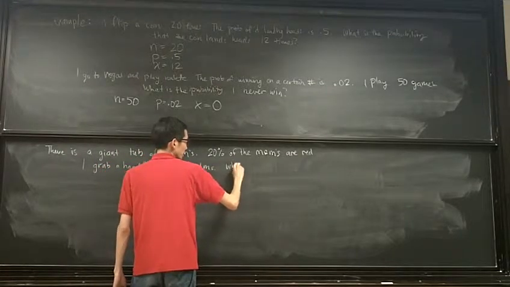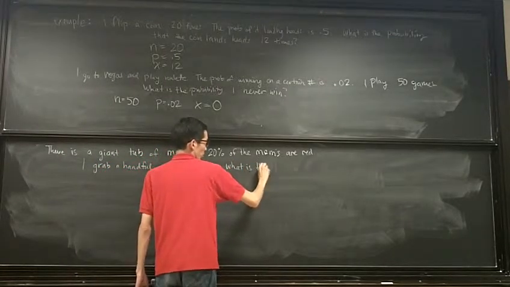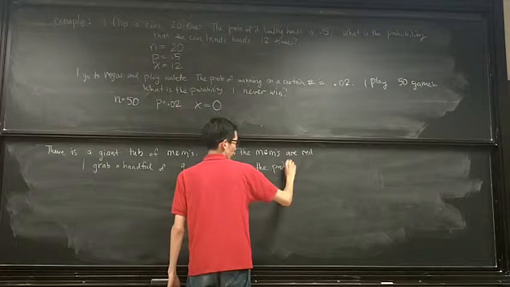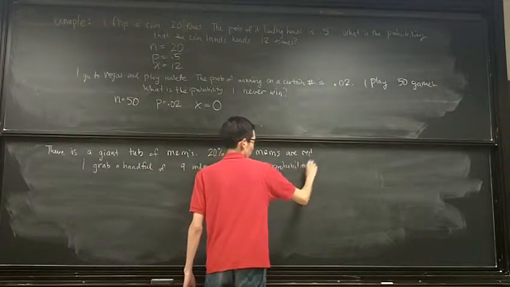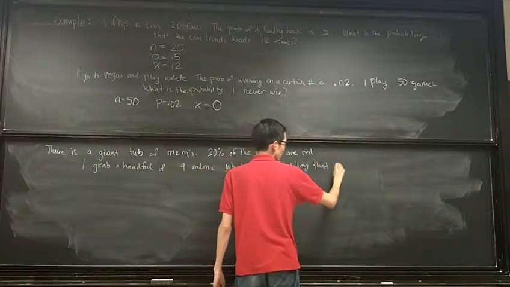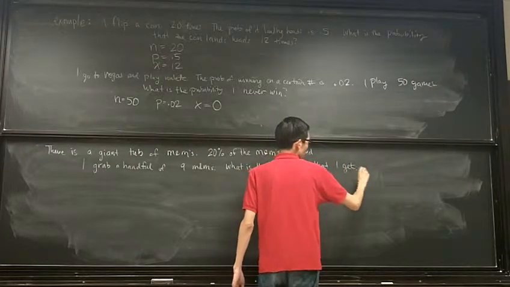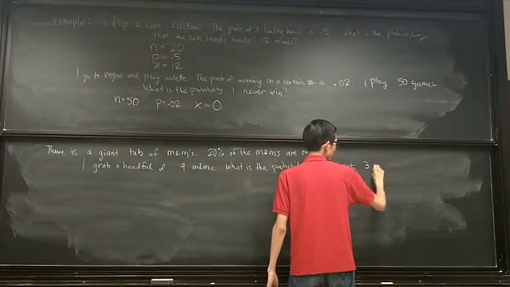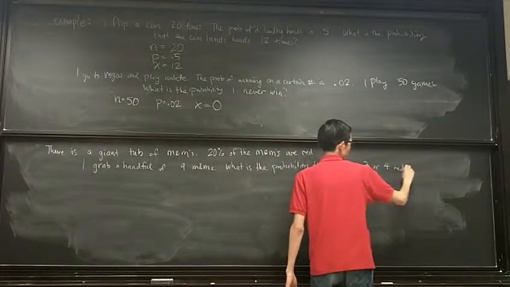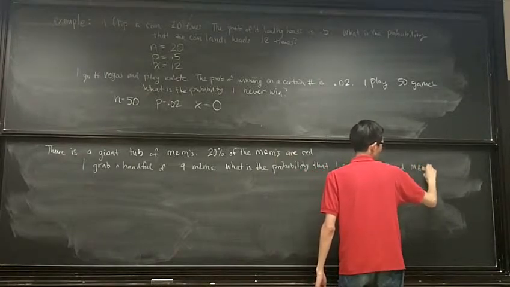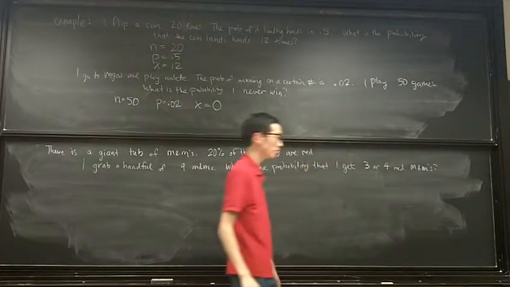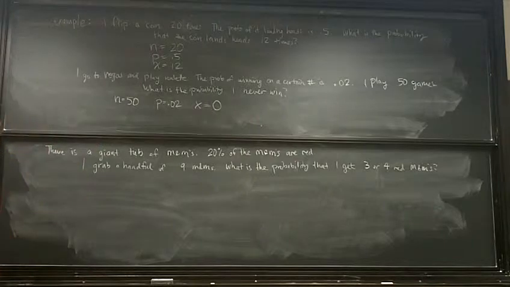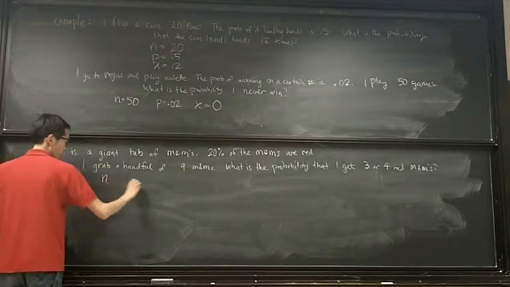What is the probability that I get 3 or 4 red M&Ms? What's my n? What's my p? What's my x?